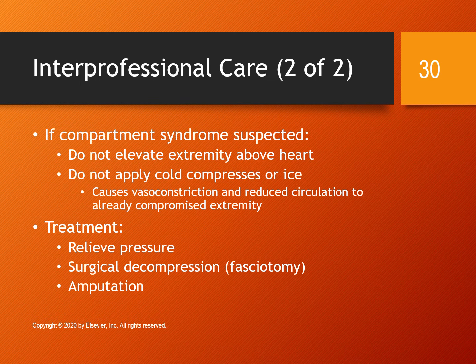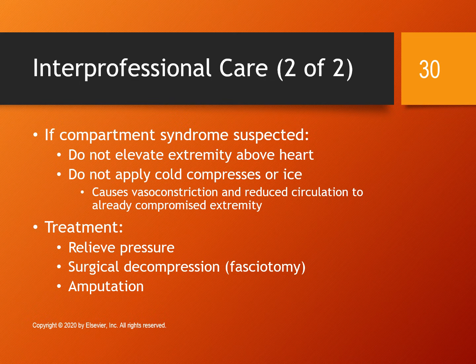If we suspect compartment syndrome, we are not going to elevate the extremity because this can reduce blood supply. And do not apply ice or cold compresses. Again, it's going to cause vasoconstriction and further reduce circulation. So elevation and ice are good for normal fractures, not good if you suspect compartment syndrome.